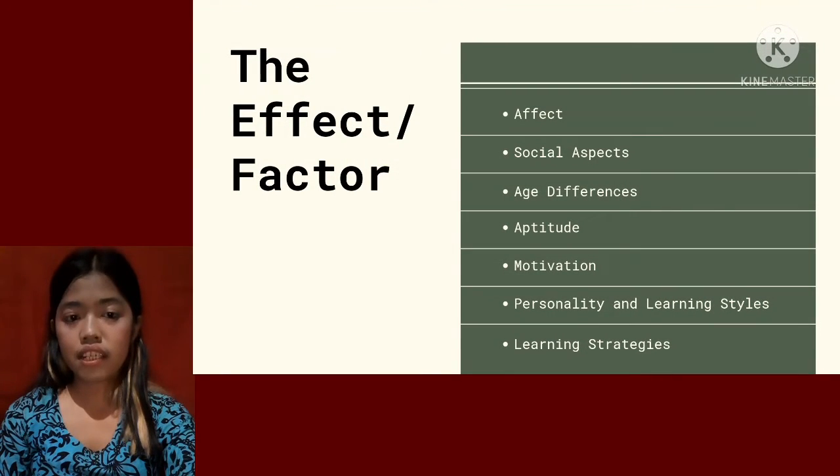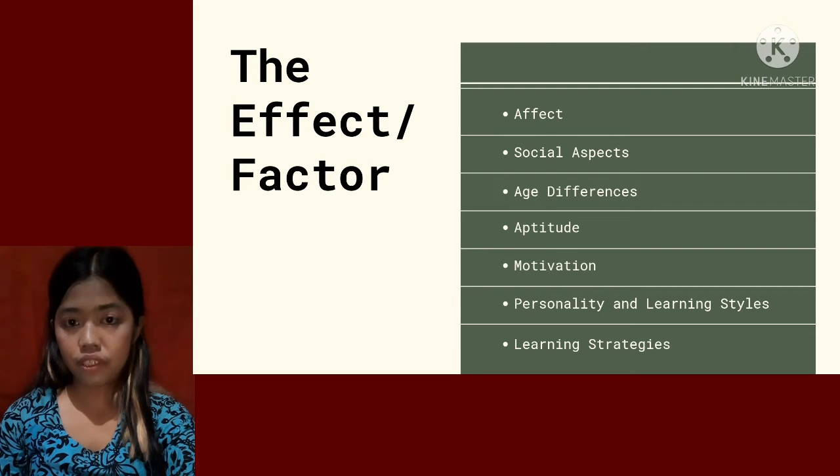Gass and Selinker in 2008 put forward 9 dimensions which affect the language learning or acquisition process positively or negatively as affect, social distance, age difference, attitude, motivation, personality, learning style, and the last is learning strategies.